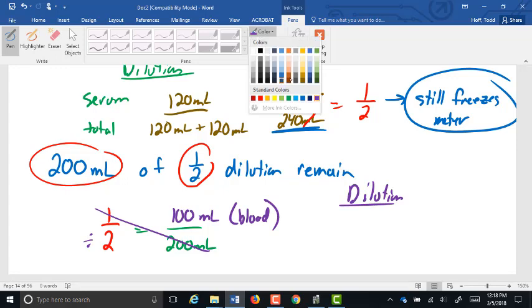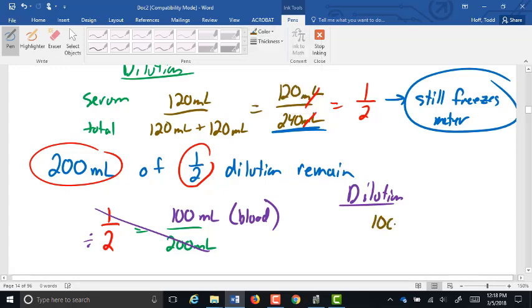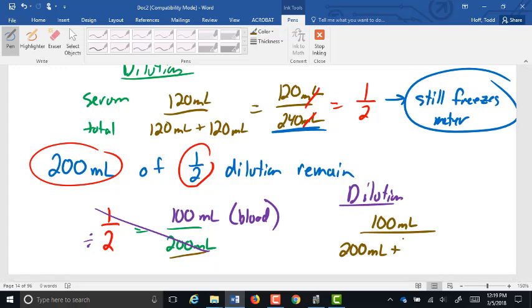So anything I go to dilute that with, when I go to calculate my new dilution, that new dilution is going to be figured off of 100 milliliters of serum or blood, and then the remaining amount, or the total, of 200 milliliters plus however much saline we've added to it. Let's say that we add an additional 80 milliliters of saline.